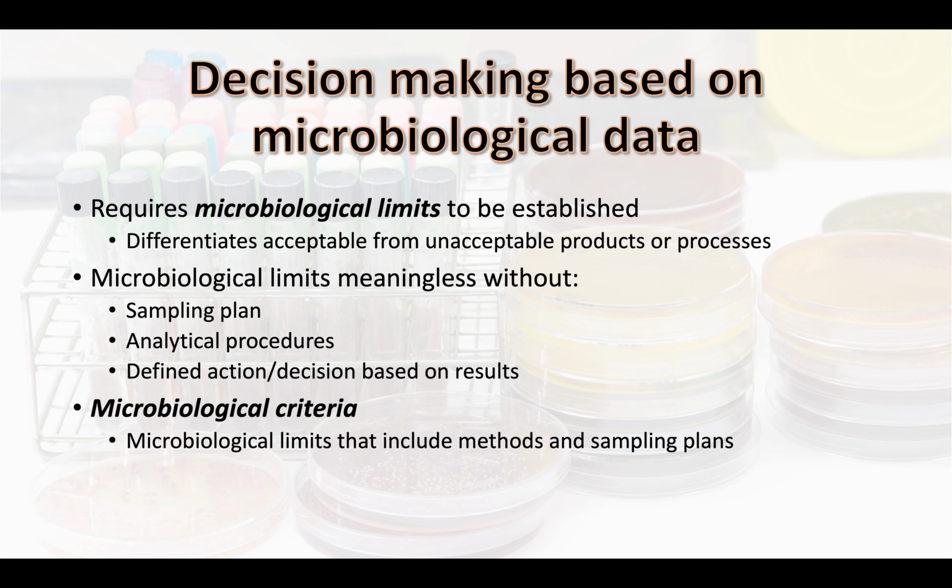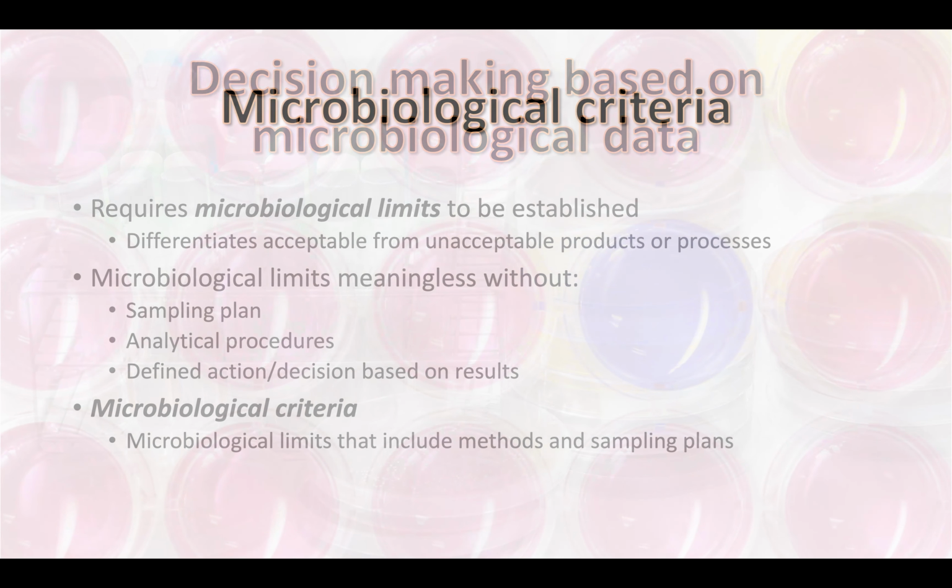When we have microbiological limits that include the sampling plan, analytical procedures, and define the action or decision based on the results, this is termed microbial criteria. Therefore, the question we should be asking is, how can I establish the microbial criteria for my product?